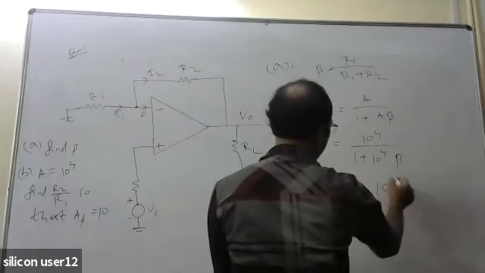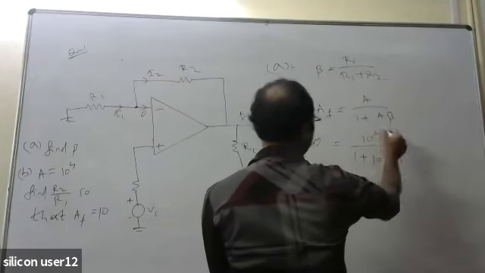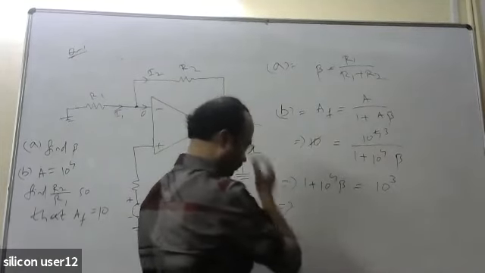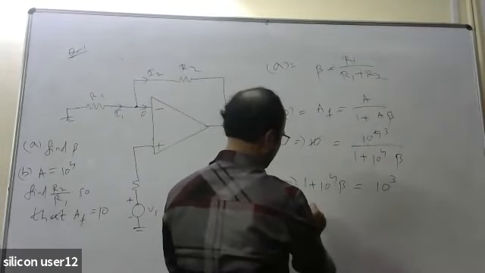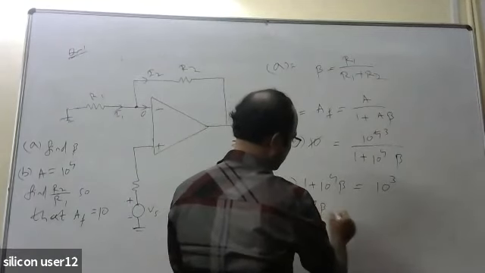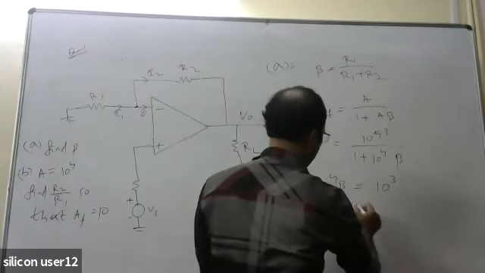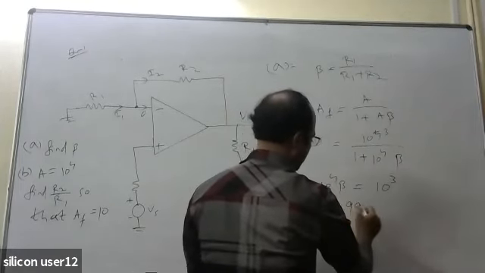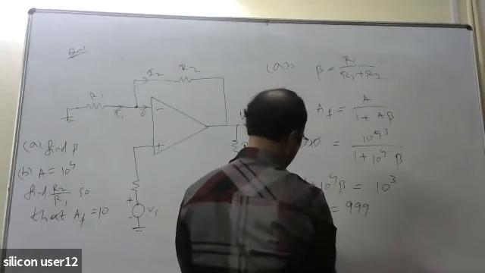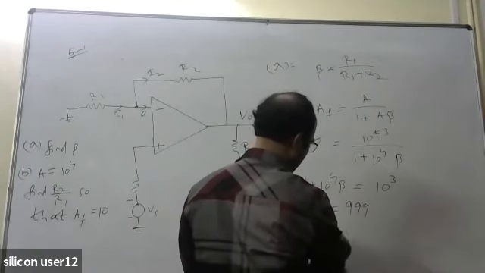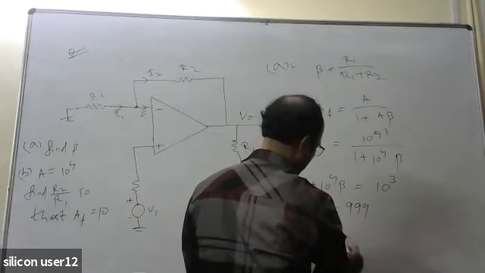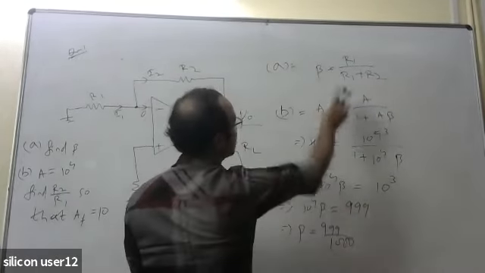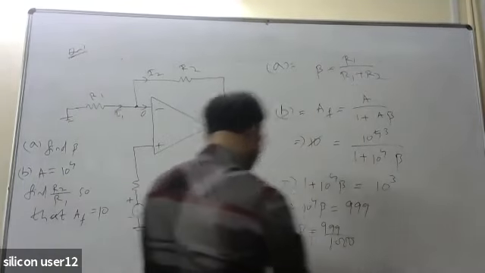Rearranging, 1 plus 10 to the 4 beta equals 10 to the power 3, so 10 to the 4 beta equals 1000 minus 1, that is 999. So beta will be equal to 0.999. In place of beta, you can say beta equals R1 by R1 plus R2.